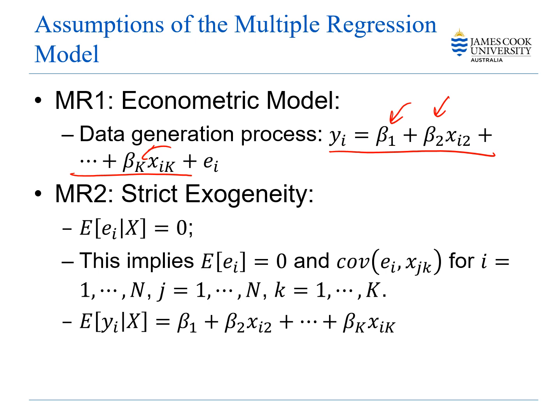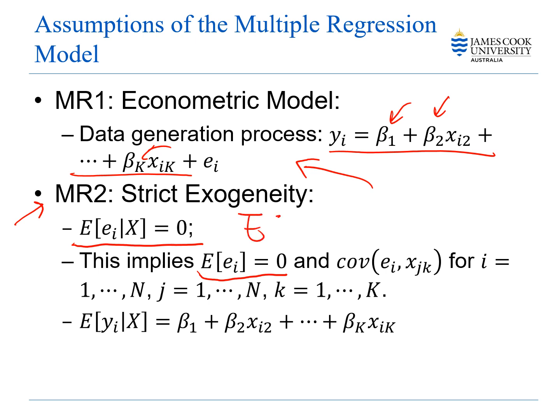They are constants, and the sample is generated by this process. That's our econometric model. The second assumption, MR2, is strict exogeneity. That means the conditional expectation of ei, conditional on X, not just conditional on xi, but conditional on all of x1, x2, x3 until xn, where this big X is the whole data, is equal to 0. And this implies the expectation of ei is 0.